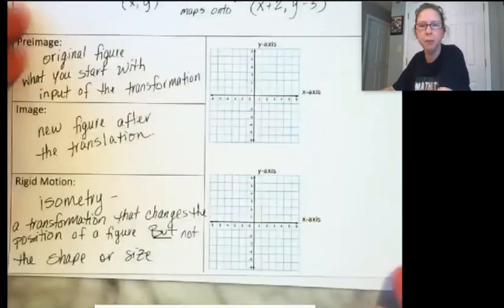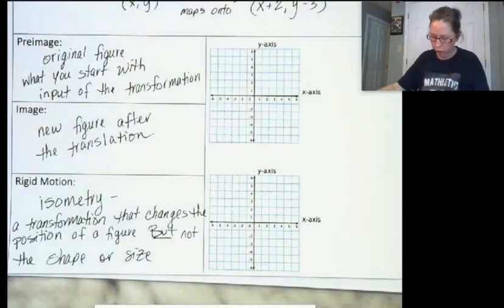And then I'm going to give an example here of rigid motion and not rigid motion.